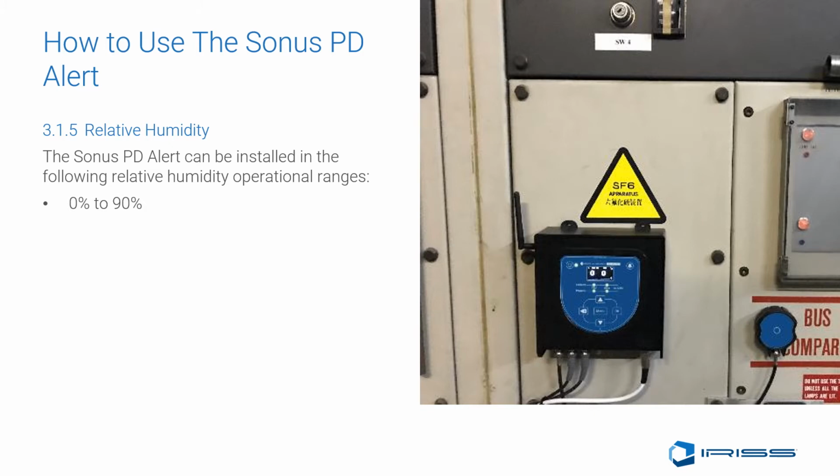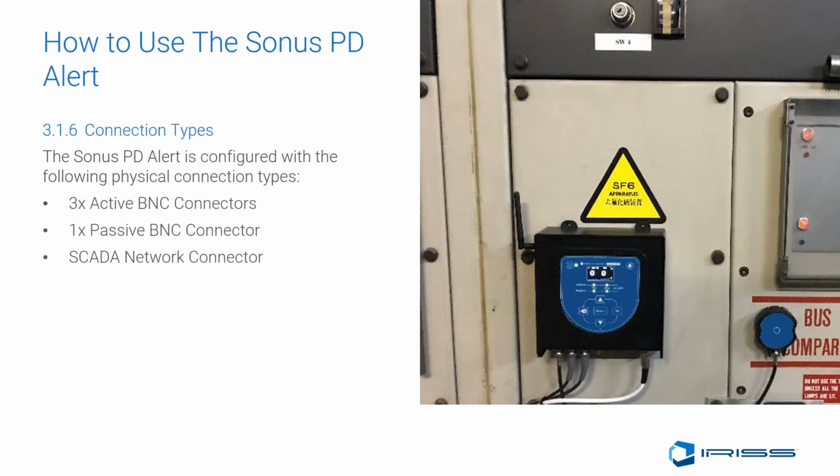The Sonos PD Alert can be installed in the following relative humidity operational ranges, from 0% to 90%. Section 3.1.6, Connection Types. The Sonos PD Alert is configured with the following physical connection types: 3 active BNC connectors, 1 passive BNC connector, and 1 SCADA network connector.